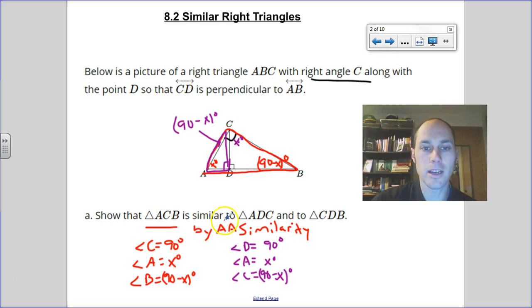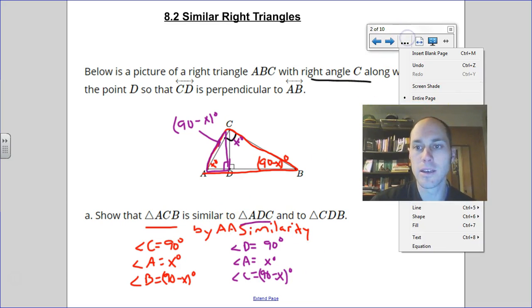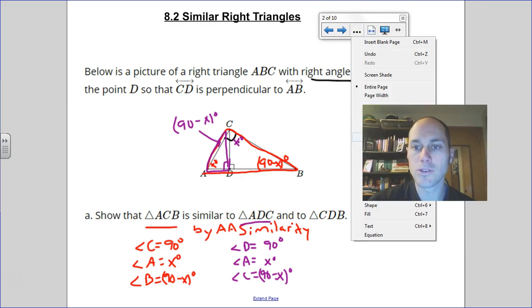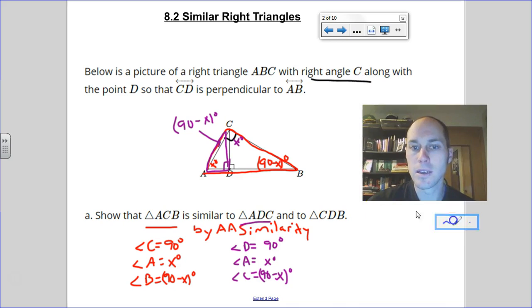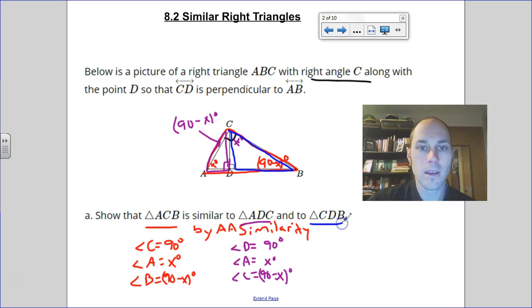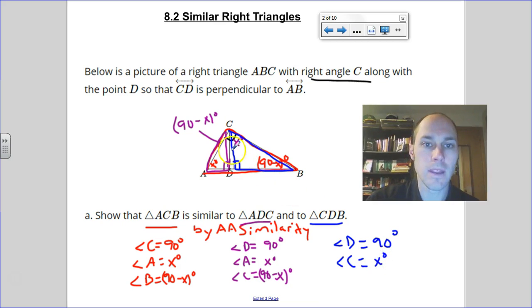Now let's look at the last triangle, triangle CDB. Got a third color for that one. Triangle CDB, that one, we see that the right angle is at angle D, and angle C for that triangle is X degrees, since we labeled that one X, since it combines to give us 90 degrees there.